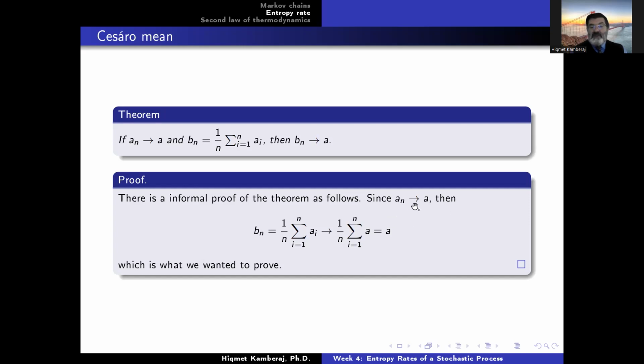Since an converges to a, then bn, which is equal to 1 over n times the sum of i from 1 to n of ai, converges to 1 over n times the sum of i from 1 to n of a. Since a does not depend on the index i, I'll have the sum of i from 1 to n of a giving me n times a. N times a divided by n, and n cancels out, gives me simply a, which is the proof of the theorem.